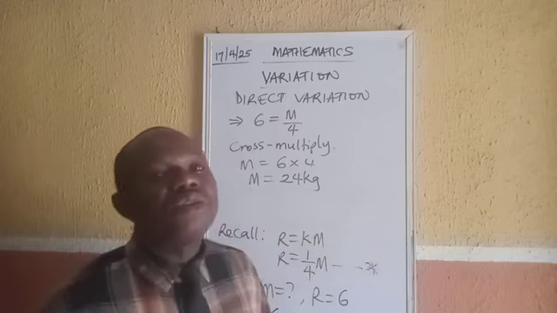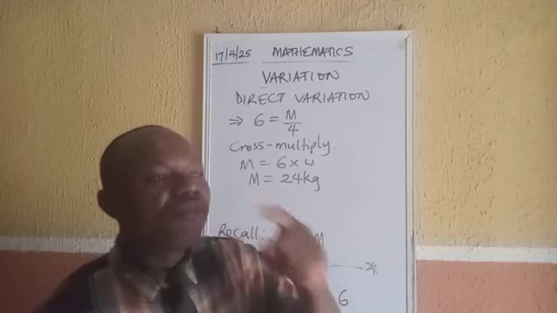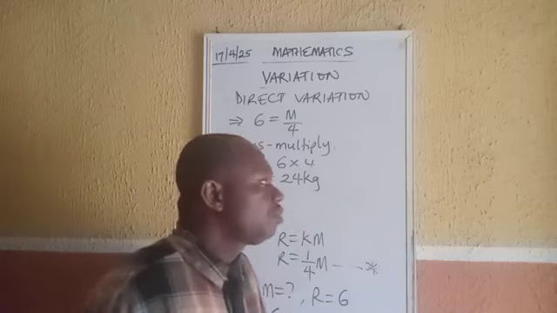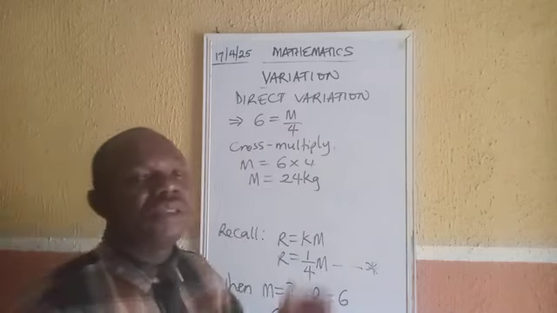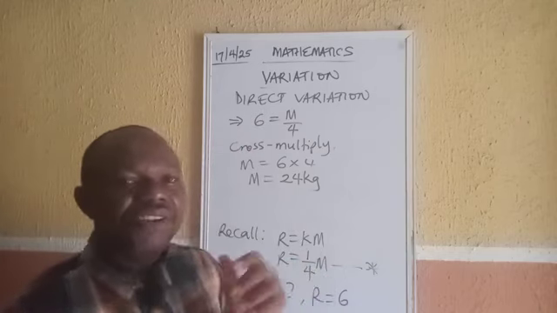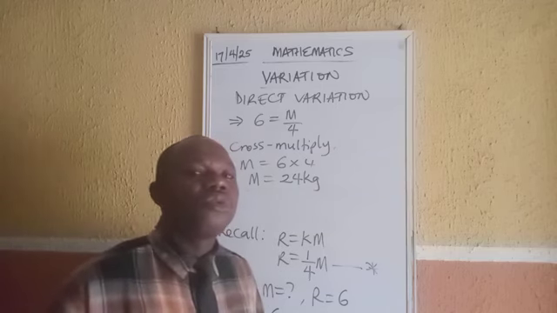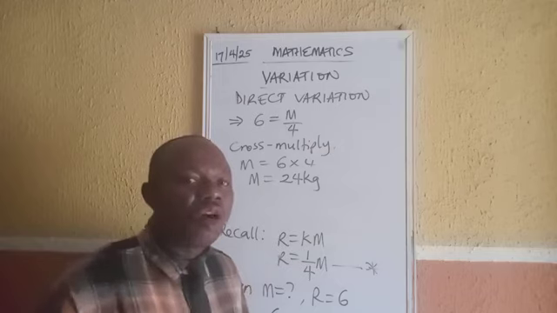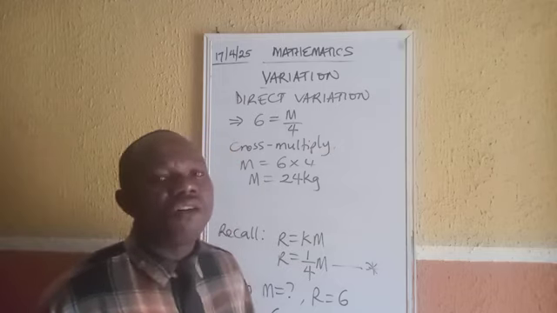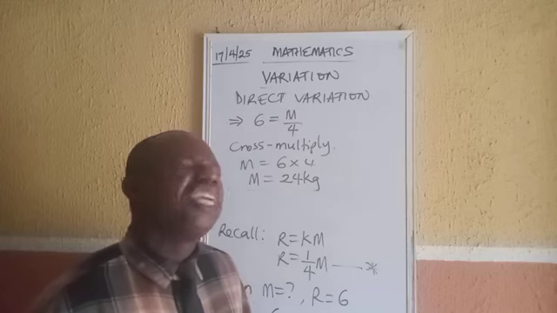The purpose of those values is to find your value of K. Input it inside the relationship, find the value for k. After finding the value for k, the next thing you do is to obtain the law of proportionality or law of variation.